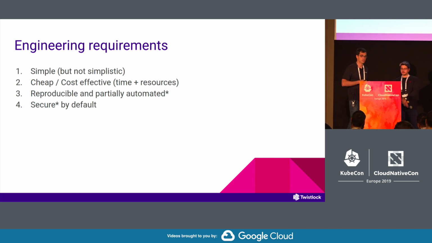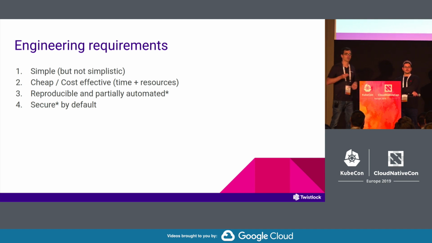Third, we want a solution that is reproducible. Everybody knows Kubernetes. Everything is reproducible because everything is a YAML. But you want something that will be easy if you want to redeploy the entire solution or to scale it up, in a very simple manner. It can be partially automated. You don't have to be fully automated. You're just going to build a CTF challenge. You don't need to go wild and build a very complex pipeline and infrastructure, which is what we did.